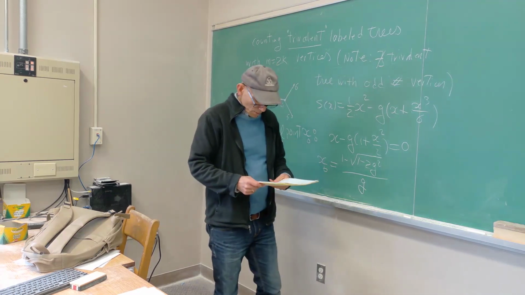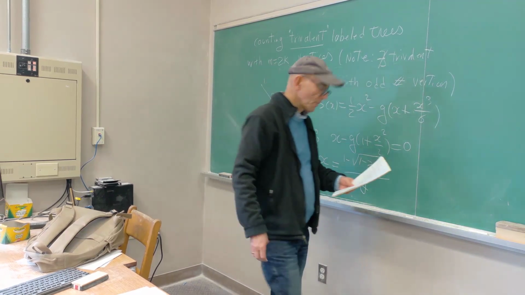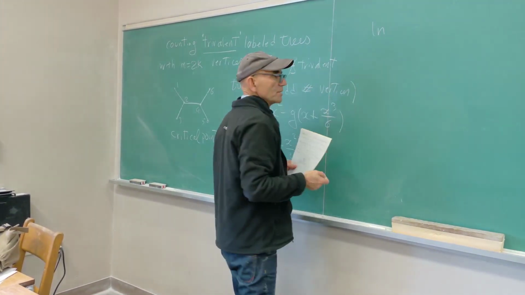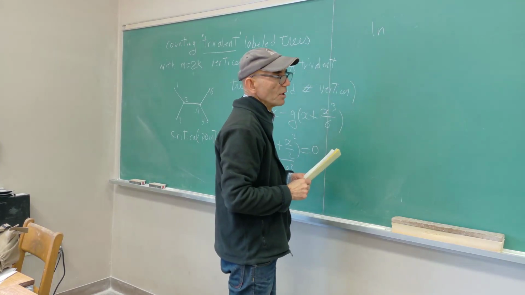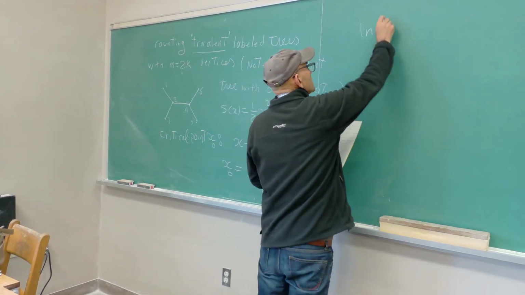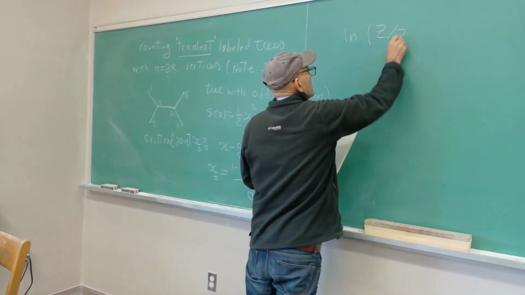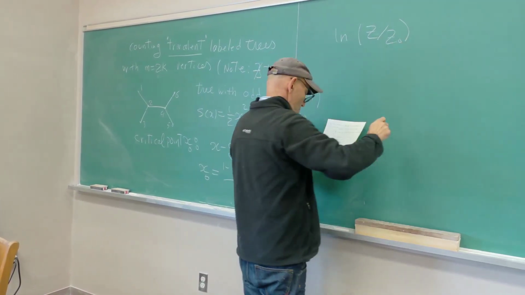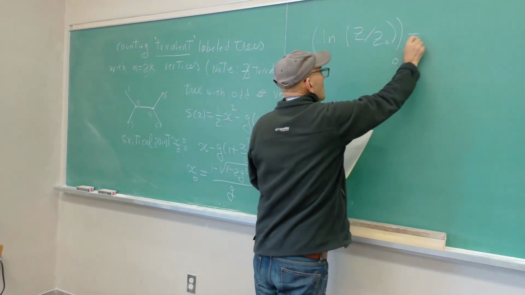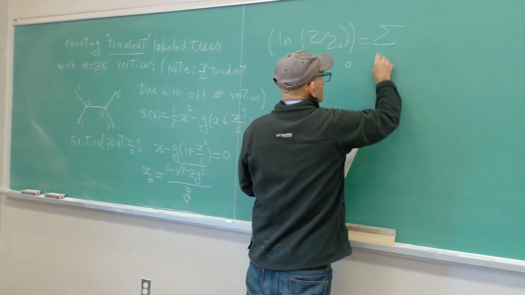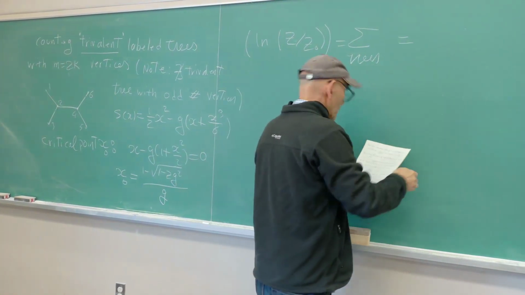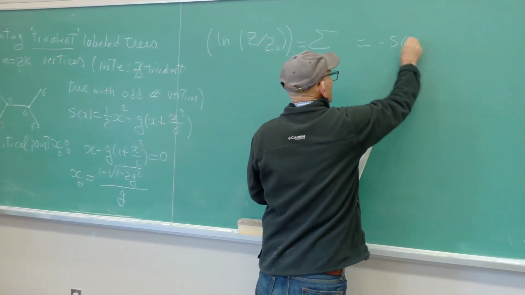Okay, all right, so then, sometimes I'm writing log, sometimes I'm writing ln, but it's okay. ln of z over z0, which is the sum over trees, is equal to negative S of x0.